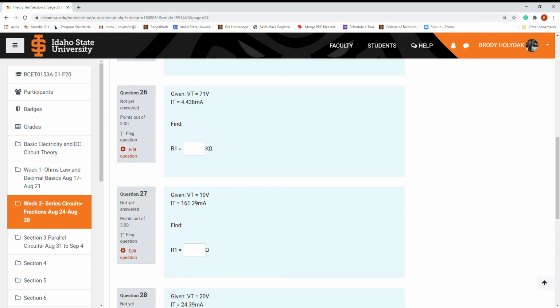Okay, we have another resistance problem. So voltage divided by current. We have 71 volts and we have 4.438 milliamps. How much resistance do we have? Yeah, it just depends on where your calculator rounds it out.